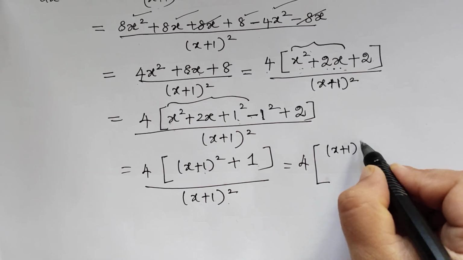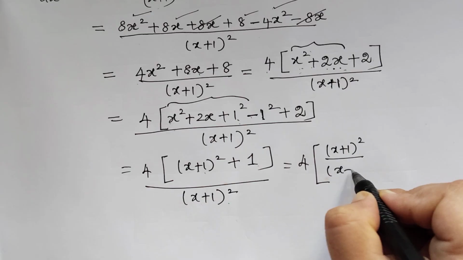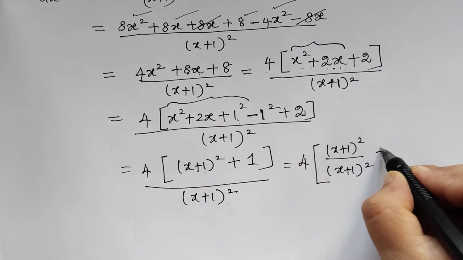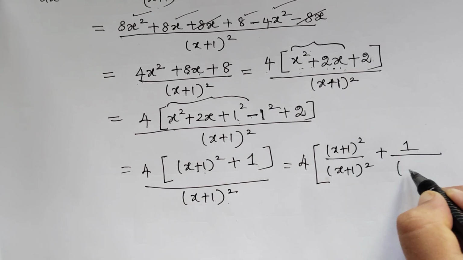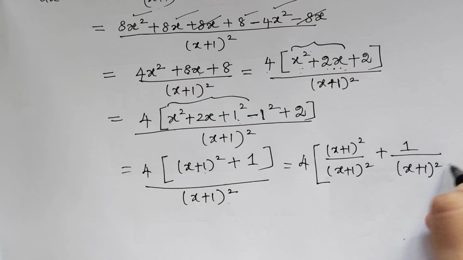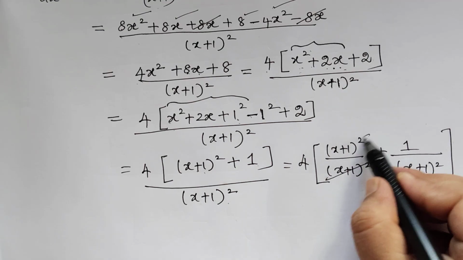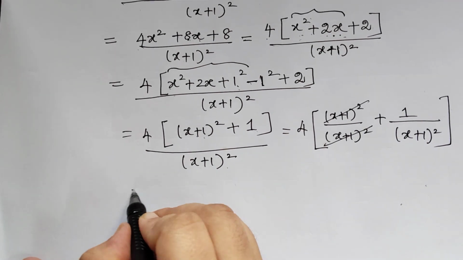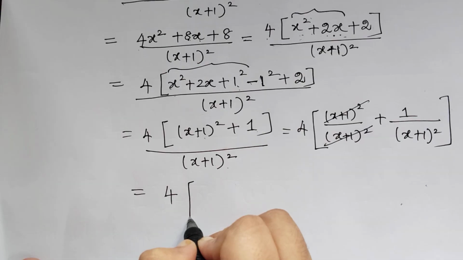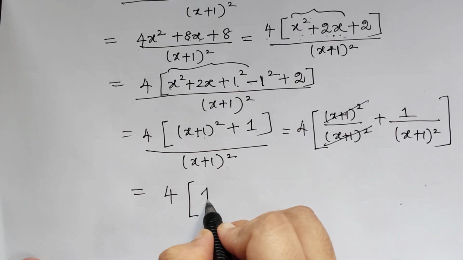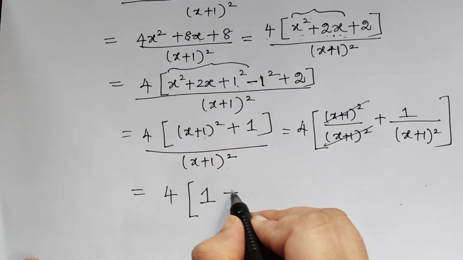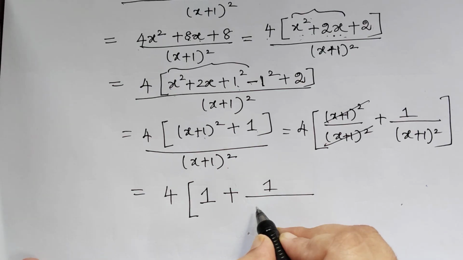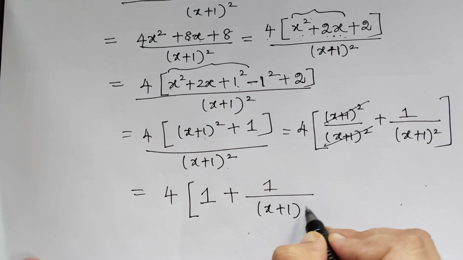So we get x plus 1 the whole square divided by x plus 1 the whole square plus 1 divided by x plus 1 the whole square. Now these two terms get cancelled and we get the final answer to be 4 multiplied with, when it gets cancelled it leaves out 1, so 1 plus 1 divided by x plus 1 the whole square.